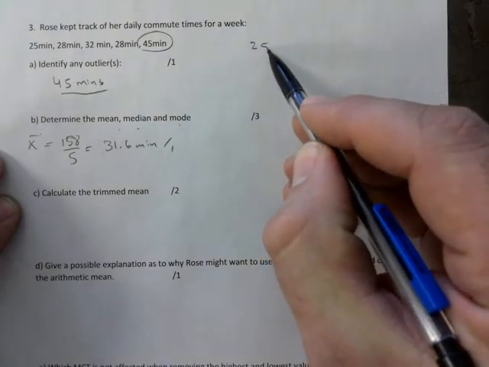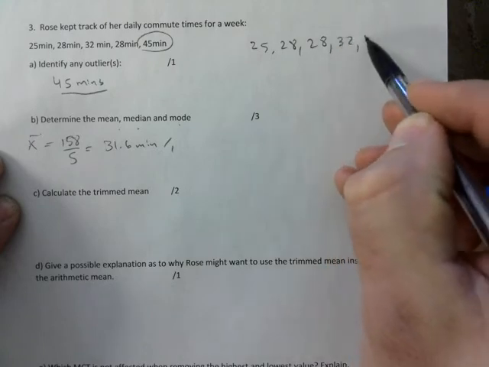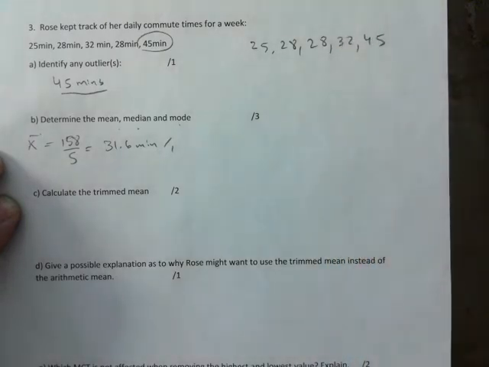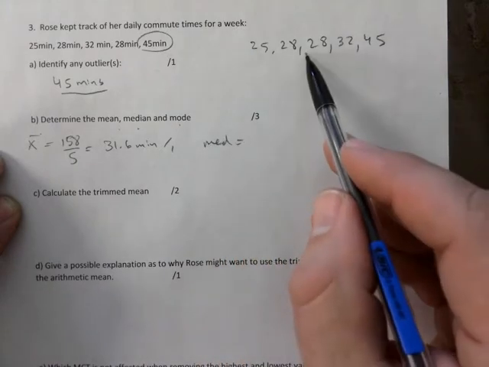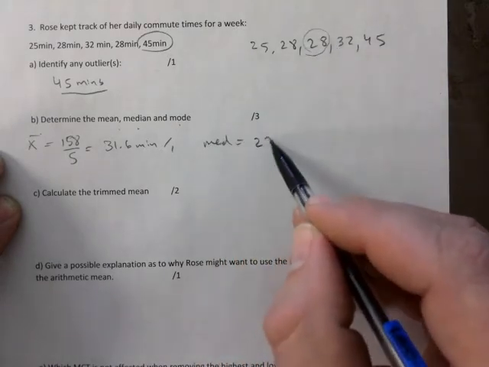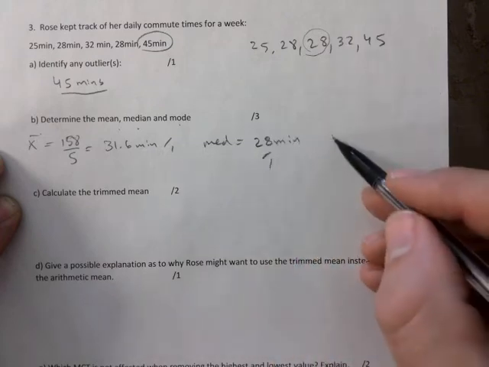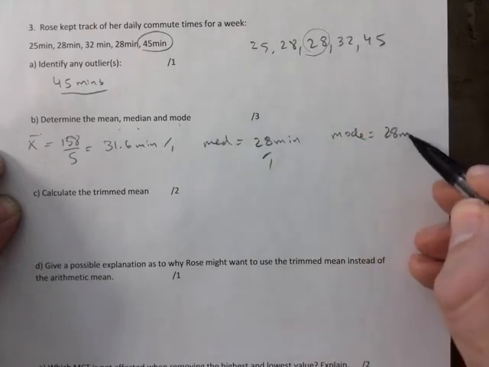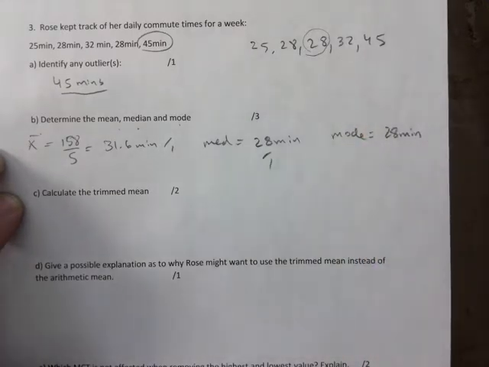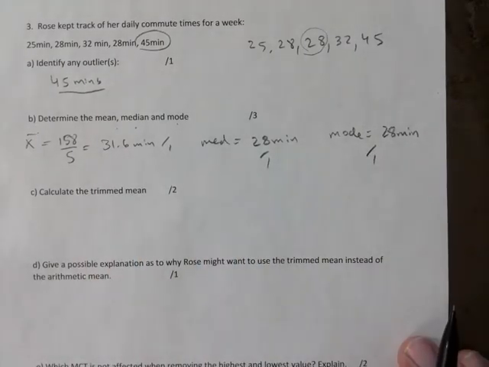So we've got 25, 28, 28, 32, 45. It's an odd number of values, so the median is just 28 minutes. You get a mark for that. And the mode is 28 as well, because it's the most popular. You get a mark for that. So 1 mark for each done correctly.